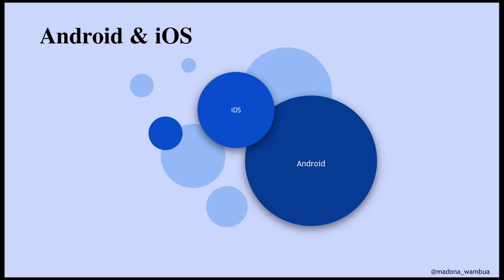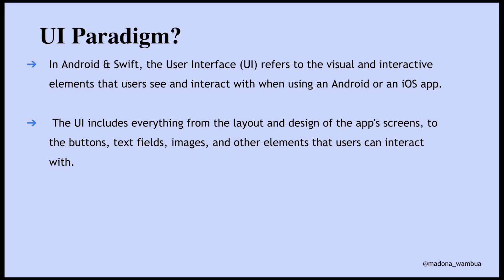We'll be walking over how Android is used worldwide, and you can see here Android is used very widely in the world as compared to iOS. Then we look at UI paradigms in Android and Swift. The user interface refers to the visual and interactive elements users can see and interact with when using an Android or an iOS app.